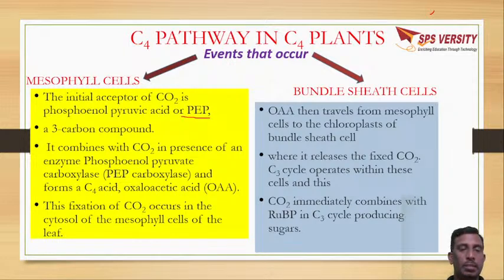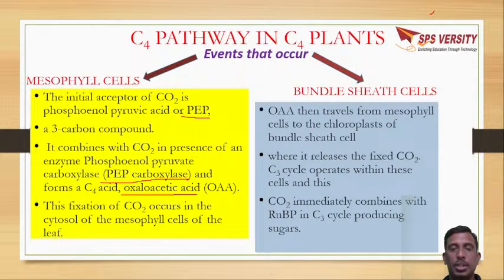In the presence of enzyme PEP carboxylase, oxaloacetic acid forms. The oxaloacetic acid is converted again to malic acid or aspartate, which is transferred to bundle sheath cell.